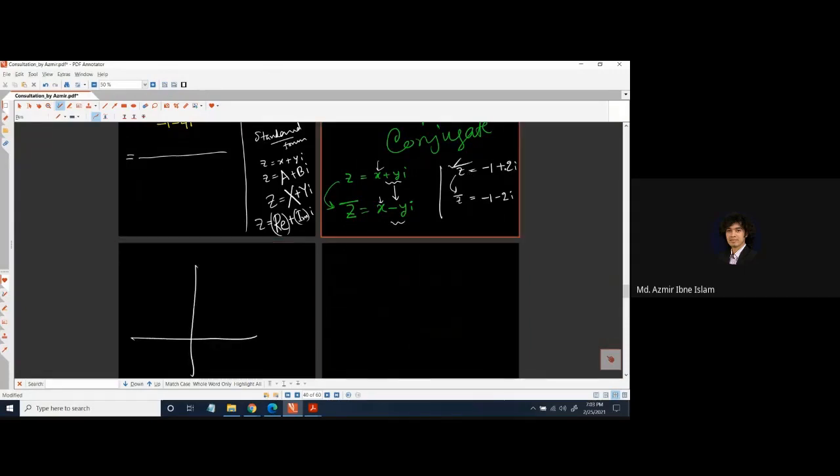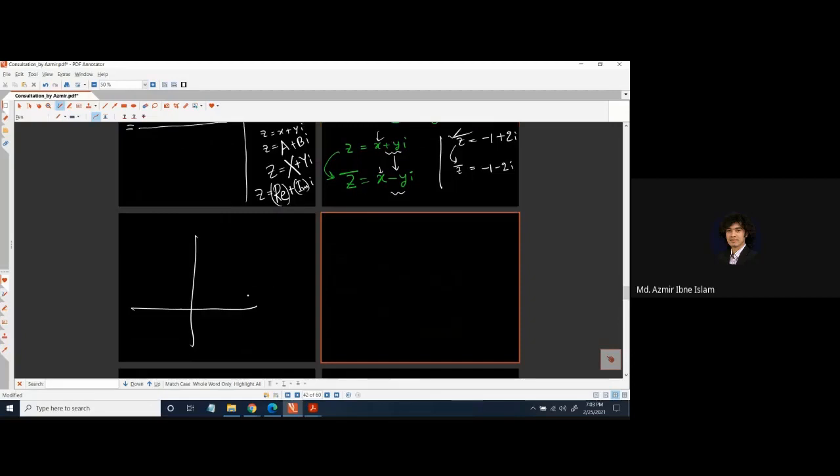We have -1 plus 2i. Whatever operation you are going to do, every operation has a geometrical meaning in the complex number system. So always try to locate the complex numbers in the Argand diagram. So -1 plus 2i is the point -1 comma 2.